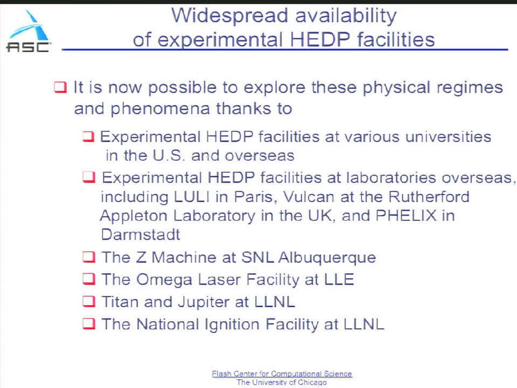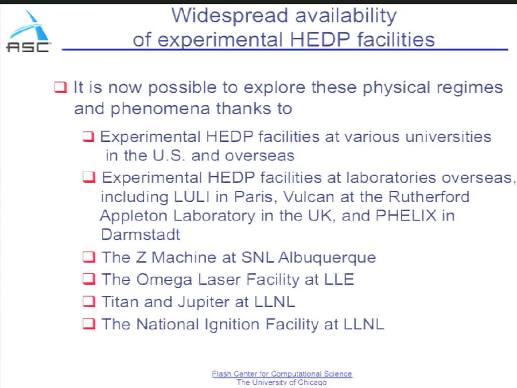And among the facilities there's a wealth of smaller laser facilities at universities in this country and overseas. There are also experimental facilities at particular laboratories that universities and laboratory experimentalists and scientists access.